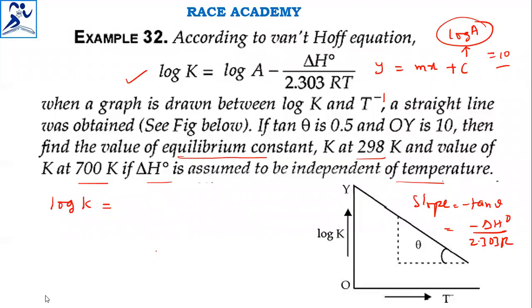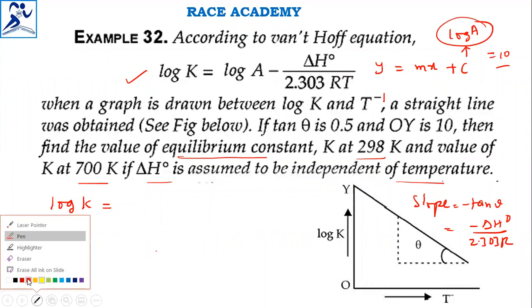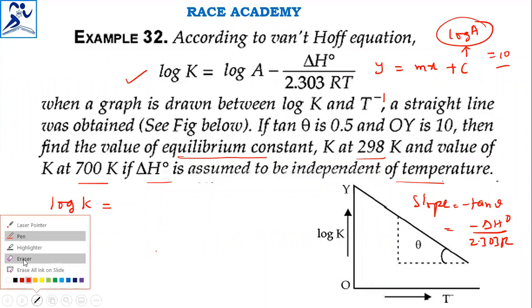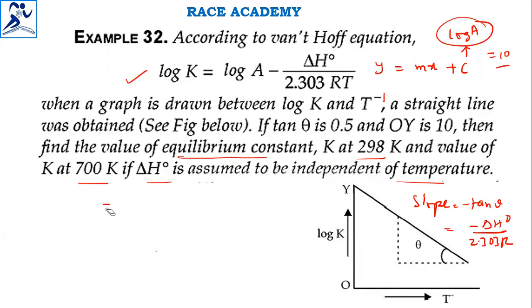So finally, upon simplification, the required equilibrium constant at 298 Kelvin is 9.95 into 10 to the power of 9.